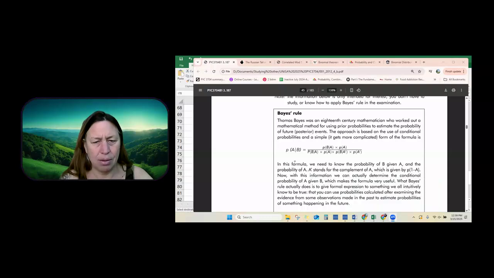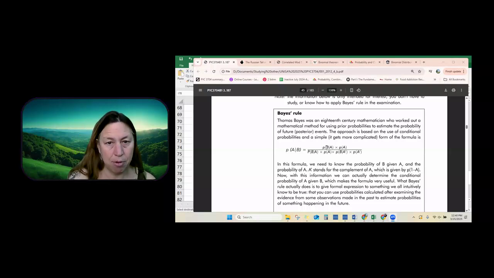Oh, okay. Let's read it first. The probability of A given B is the probability of B given A multiplied by the probability of A, divided by the probability of B given A, the same number again, times the probability of A, the same number again, times the probability of B given the complement of A times the probability of the complement of A. Okay.